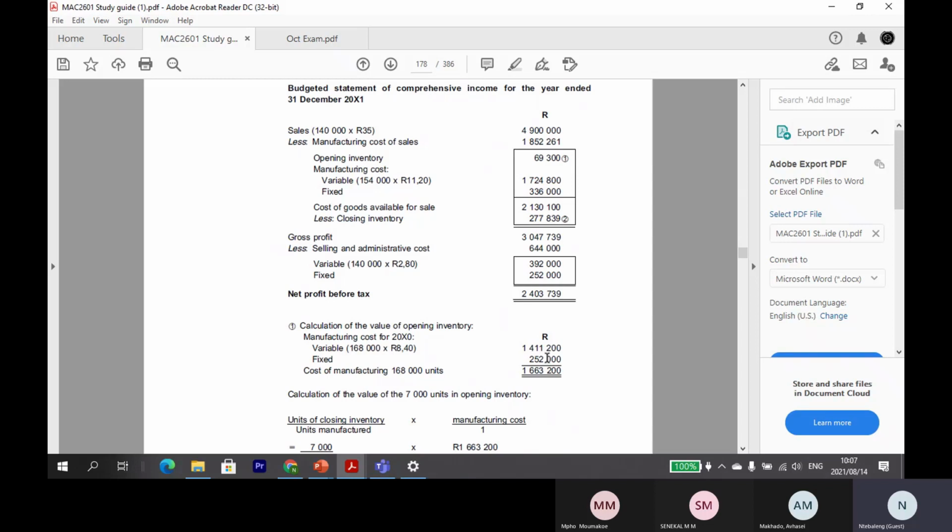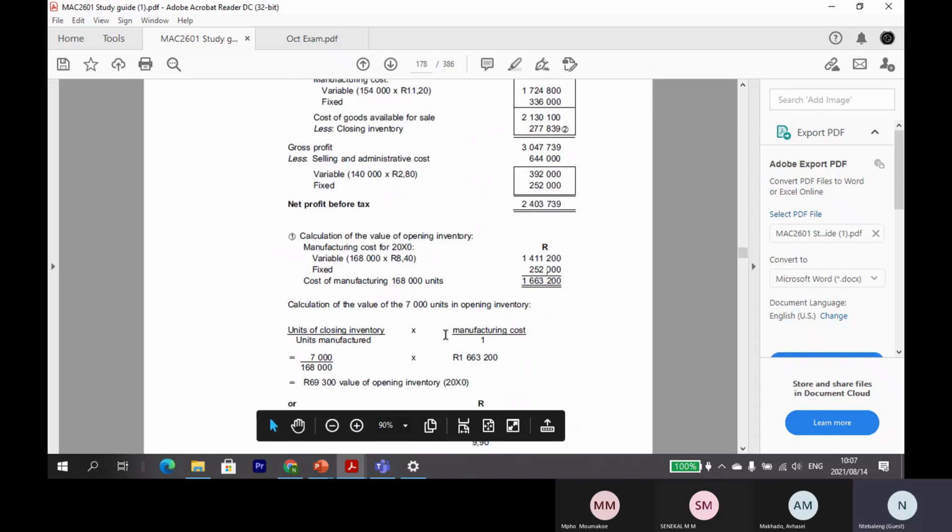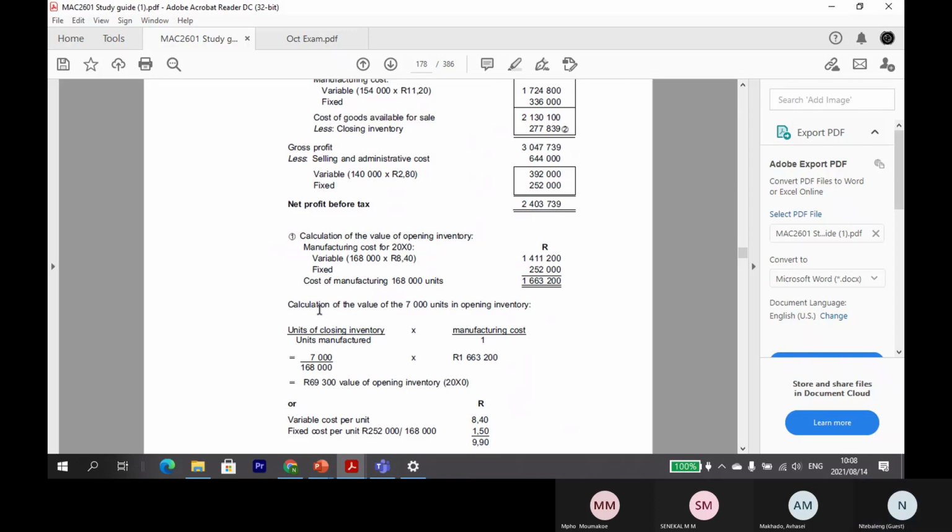That's why we could just take the 8.40 and apply it against the 7,000. However, for absorption costing, because it's a mixture of your variable and your fixed, you need to do an apportionment, right? Of saying what is my cost for opening inventory.